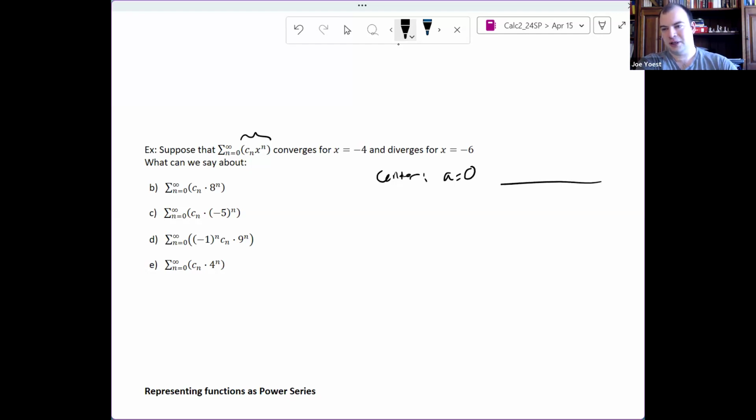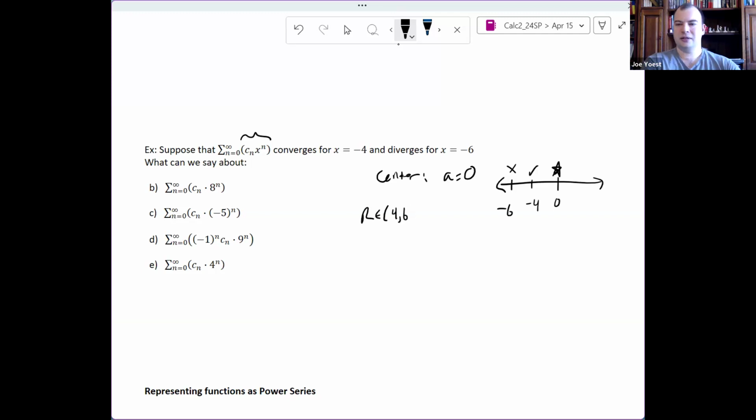So if I think of a number line, here's my center at 0. At negative 4, we converge. And at negative 6, we diverge. I know my radius of convergence has to be at least 4, but no more than 6.